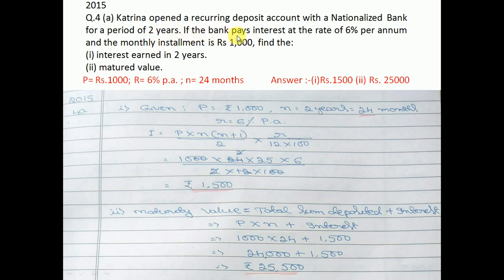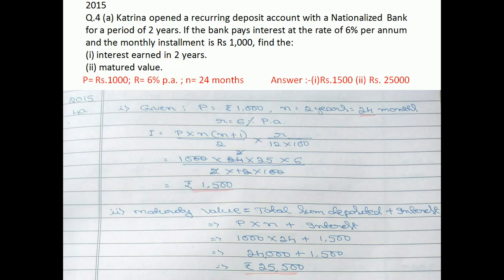The bank pays interest at the rate of 6% per annum, which means for 100 rupees, 6 rupees for the entire year, and the monthly installment is rupees 1000, meaning principal per month is 1000 rupees. So principal, rate and time are all given. Now we have to calculate the interest earned in 2 years.